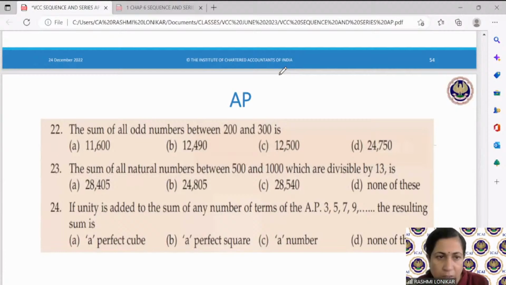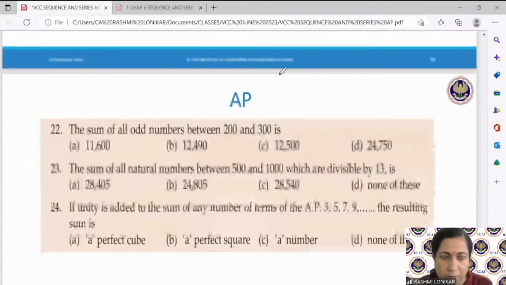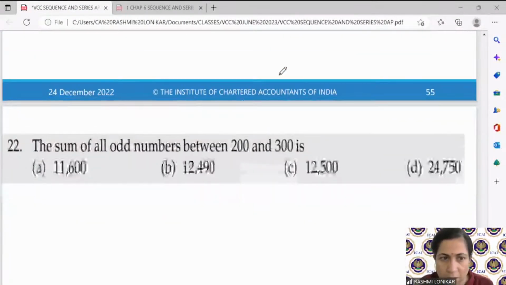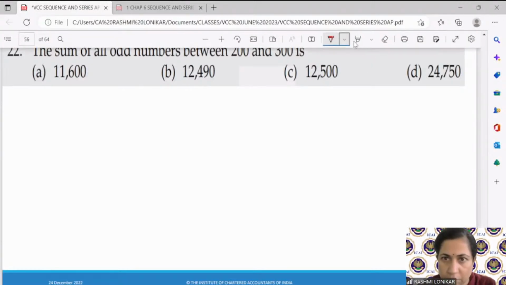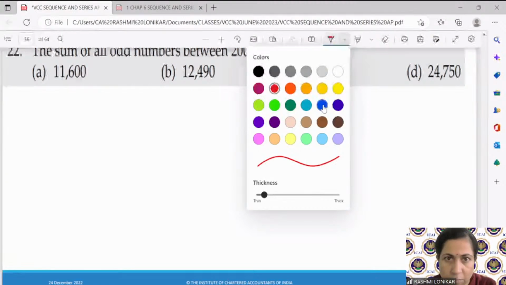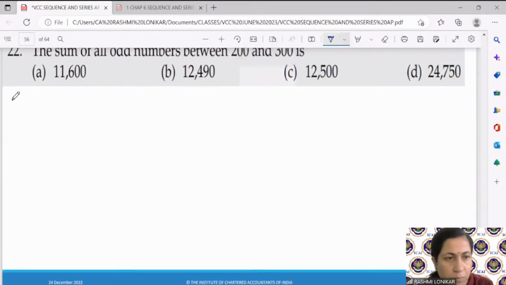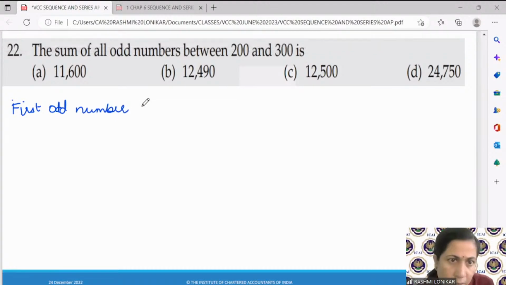Okay. Yes, this is the 22nd sum. The sum of all odd numbers between 200 and 300. Which is the first odd number after 200?